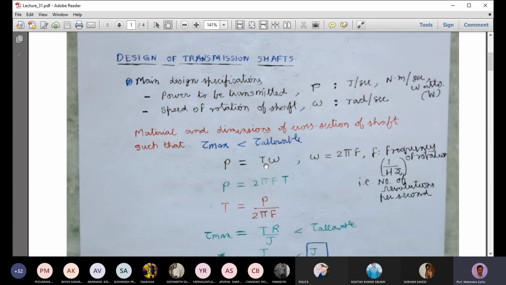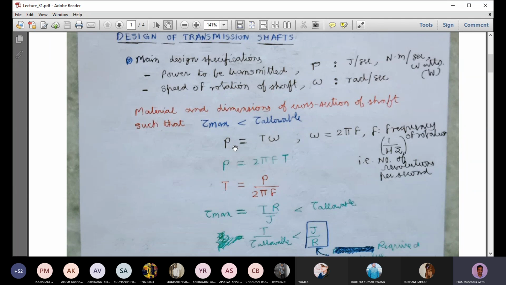Okay, so we write the power in terms of the torque: P, the work done by the shaft per unit time, is given as P is equal to T times omega. Here T is the torque and omega is the angular velocity. You can write angular velocity in terms of the frequency of rotation of the shaft.